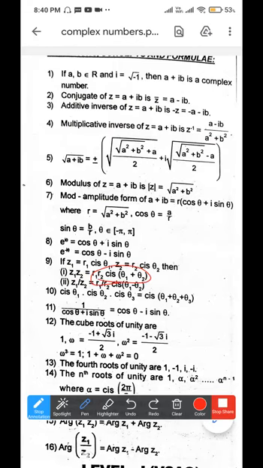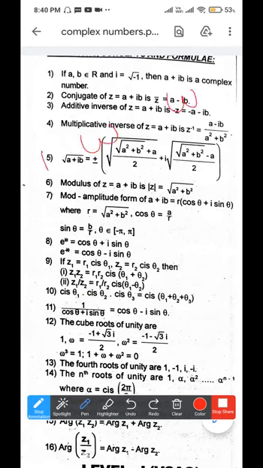Similarly, z1 by z2 is r1 by r2 into cis theta 1 minus theta 2, and multiplying cis 1, cis 2 and cis 3 gives cis of theta 1 plus theta 2 plus theta 3. And 1 by cos theta plus i sin theta is equal to cos theta minus i sin theta. This is one of the properties.